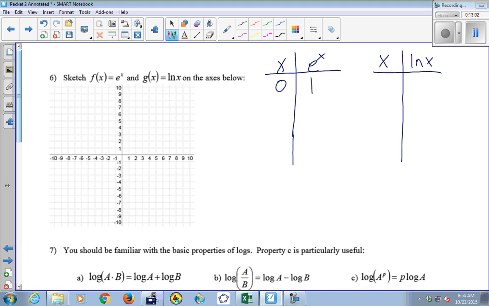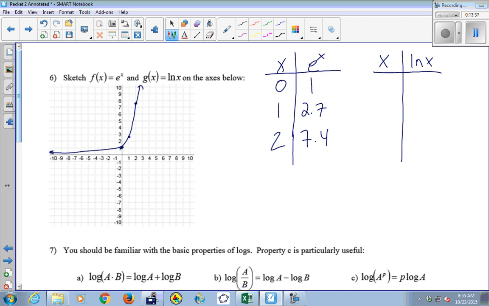And then when x is 1, 2.7, or e, right? E to the first is e. And 2, 7.4. That's good enough to start because we know the general shape. So I've got 0, 1; 1, 2.7-ish; 2, 7.4-ish. And I know that that is generally increasing, and this has an asymptote at 0.